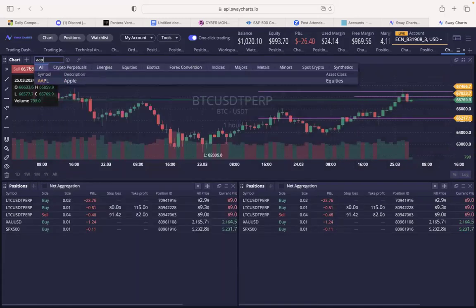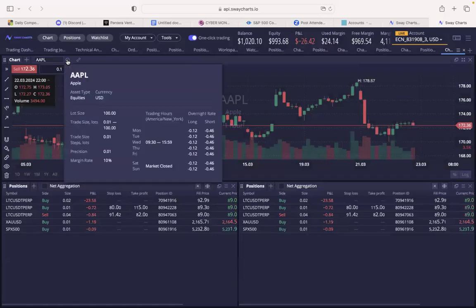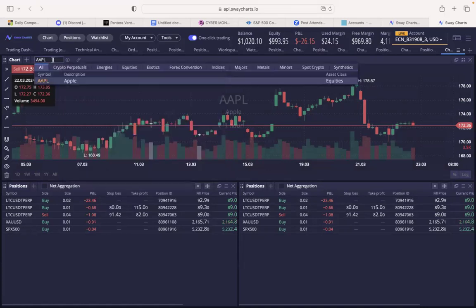Let's look at Apple. I think with the stocks it's a little different. Lot size for the stocks is 100, right? The margin rate is 10%. So you put up more money on the stocks than you do with the cryptos.